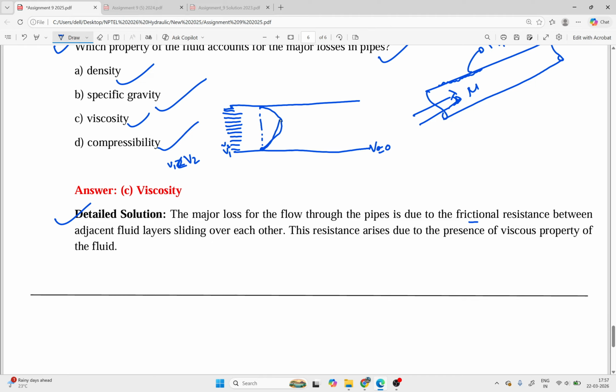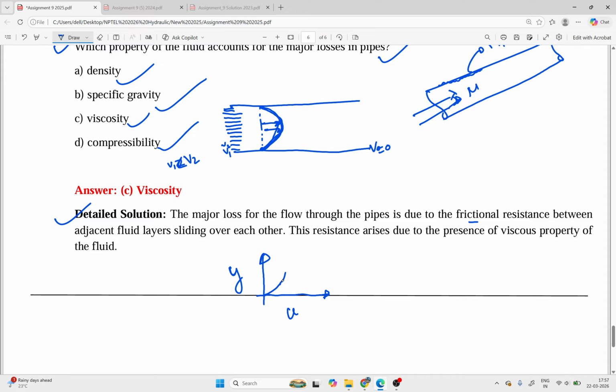If I draw very clearly, after the fully developed length, the velocity diagram will be parabolic. So the velocity in laminar pipe flow looks like that. This is your velocity and this is your flow depth. Here it is 0, then increasing, increasing, increasing.